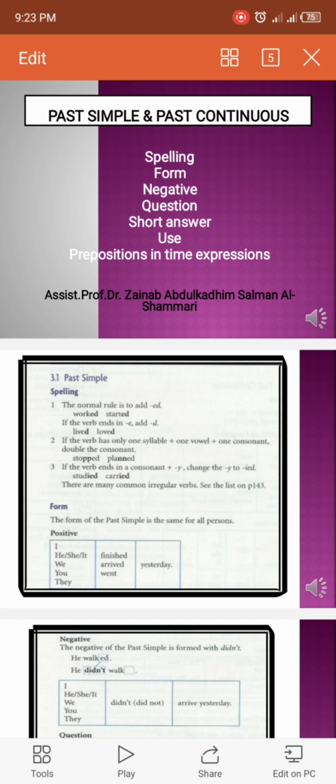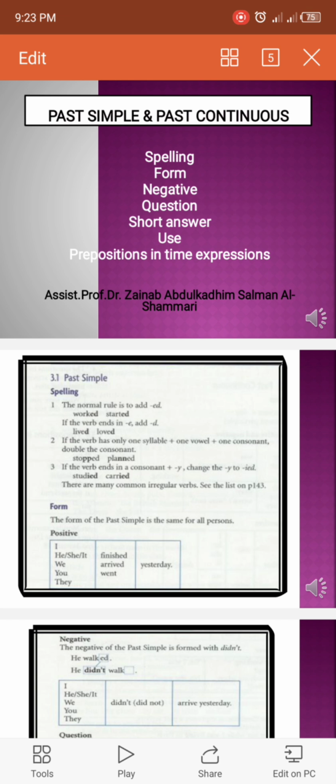Spelling. Number 1. The normal rule is to add ed. For example, worked, started. Number 2. If the verb ends in e, add d only.